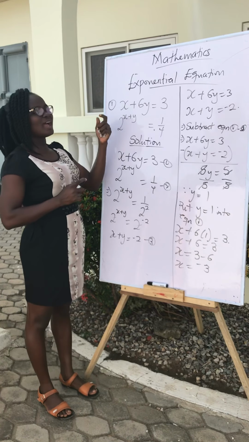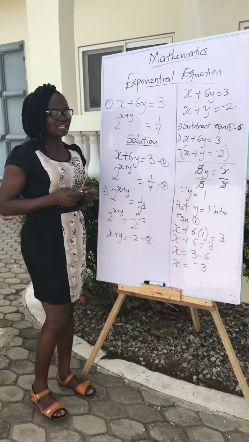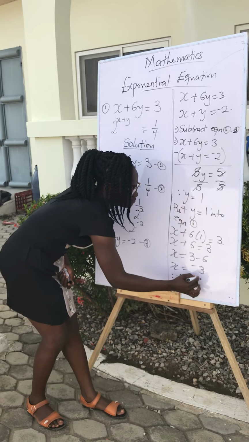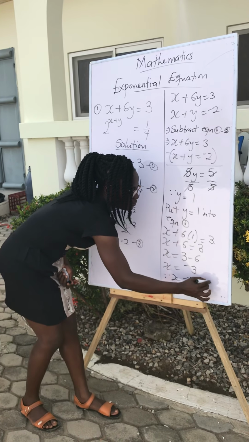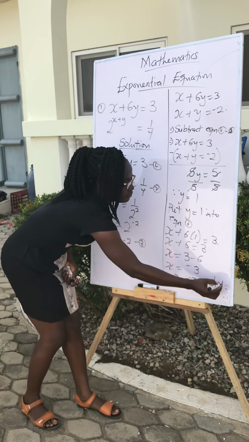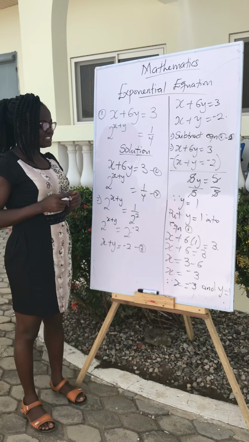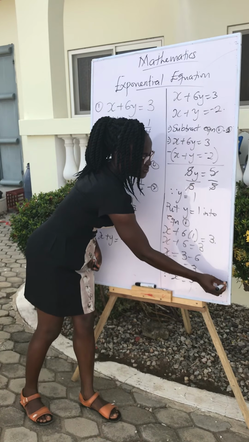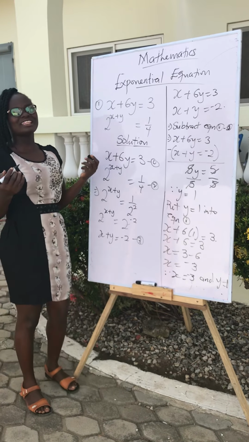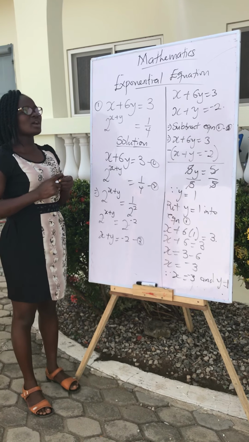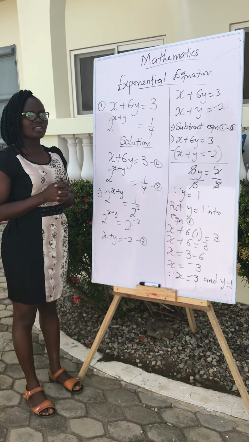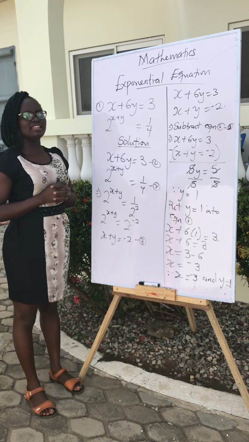We were to find the variables and we've known it. So we can say that, therefore, x is equal to negative 3 and y is equal to 1. And that is perfect. So whenever you are given an example to solve or a question to solve, make all equations to be linear.